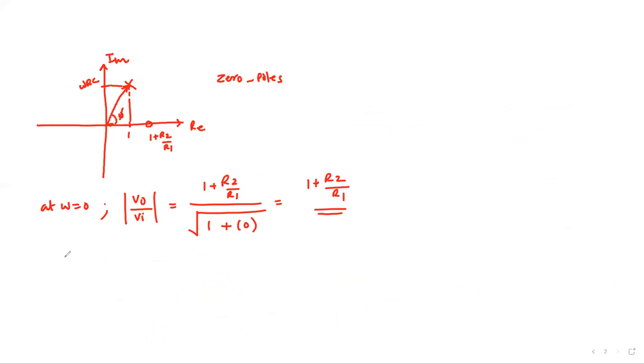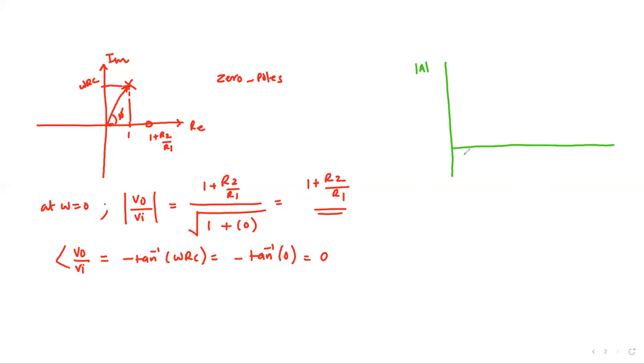And the angle for this would be phi, which is minus tan inverse omega RC. So that comes out to be minus tan inverse of 0, which is 0. So here in this plot, we can obtain the value of magnitude, that is here. And somewhere here, we have omega equal to 0.